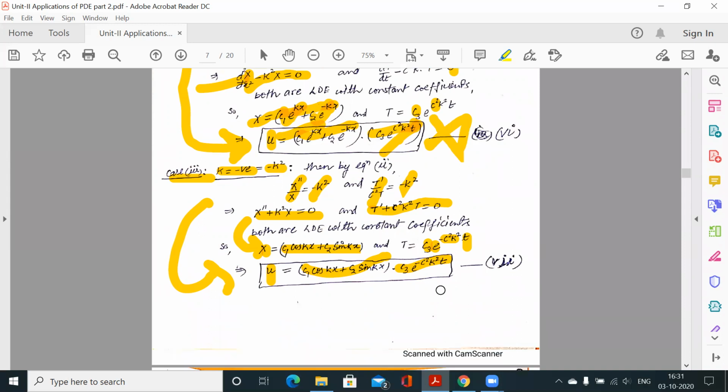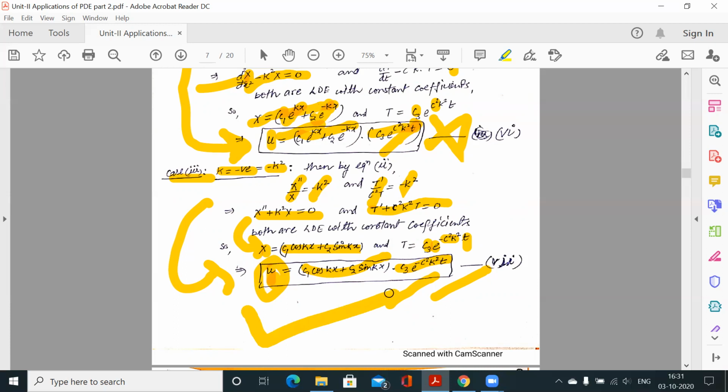So the last case: if we increase the time t, the exponent is negative. So this is 1 over e to the power c square k square t. Whenever you increase time, the exponential function will increase, and 1 over an increasing function means a decreasing function. So in this case, u is decreasing when we increase the time t.